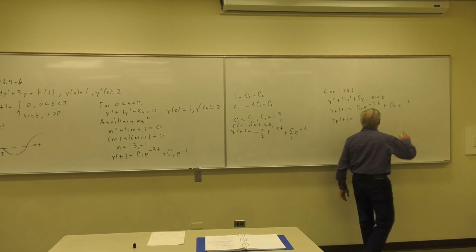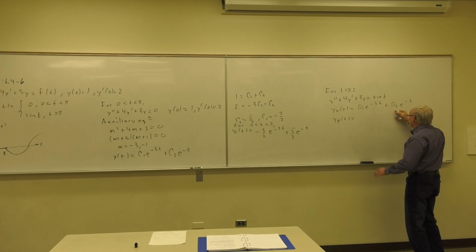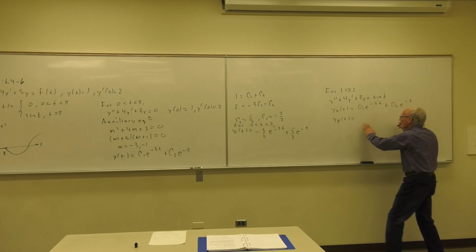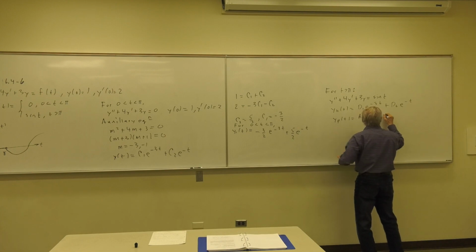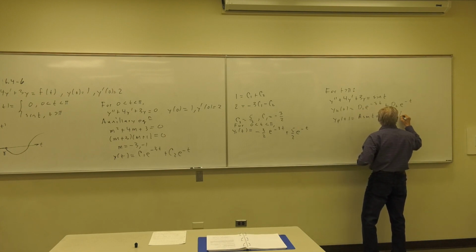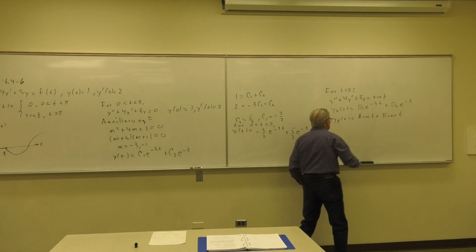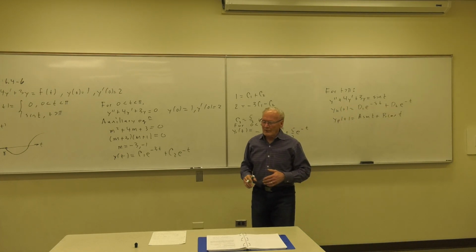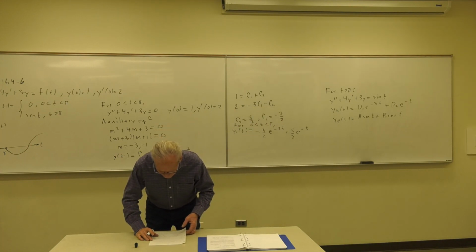We need a y sub p. We need a particular solution to this. We'd ask, is it rule 1 or 2? Well, clearly it's not rule 2. That guy is not in here. So we'll write then a sine t plus b cosine t. We'll substitute that into the differential equation and we'll solve for a and b. I'm going to tell you what the answers are, I hope.